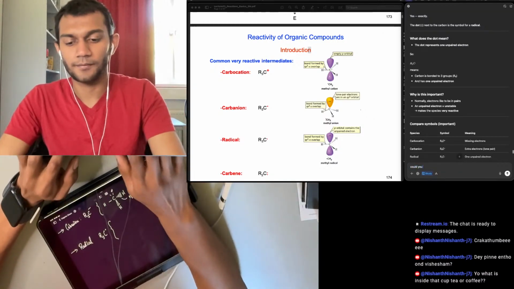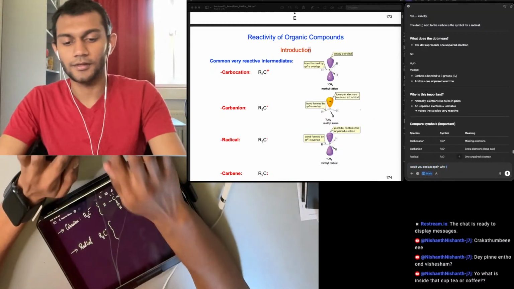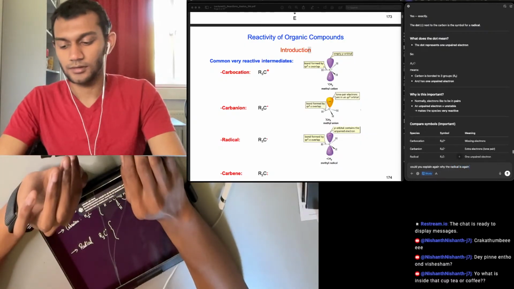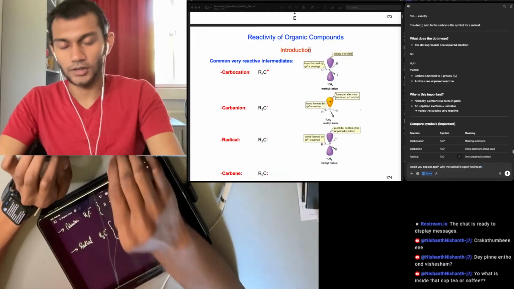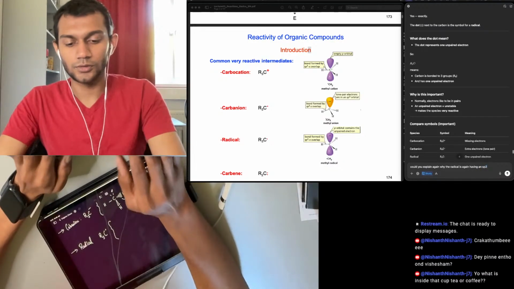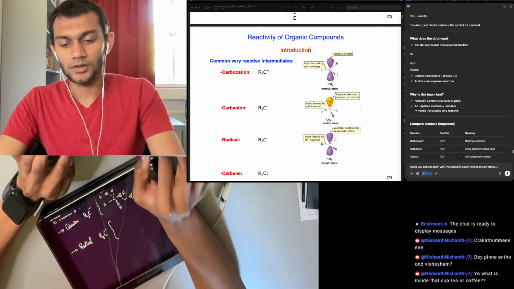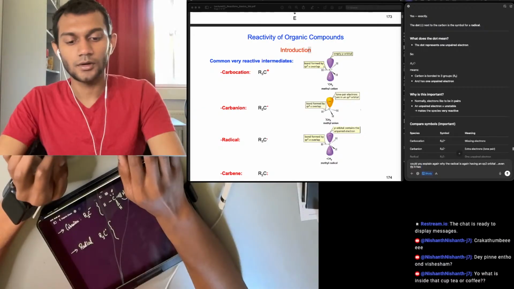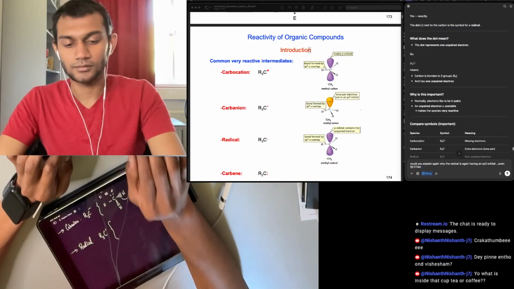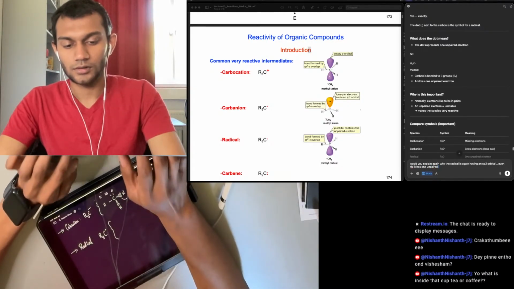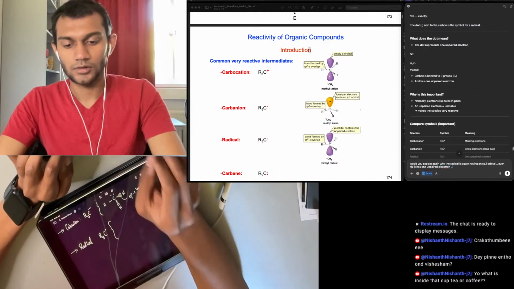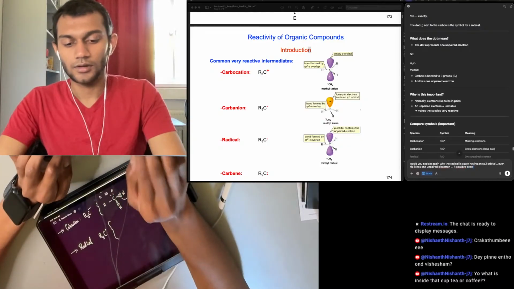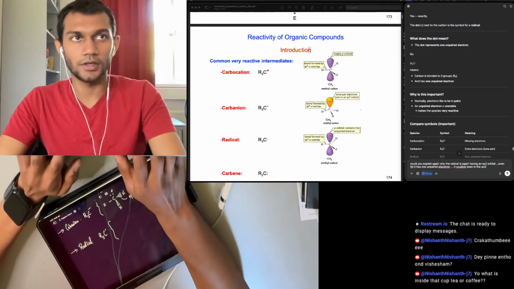Could you explain again why the radical is again having sp2 orbital, even though it has one electron, right? It could have been in the sp3.